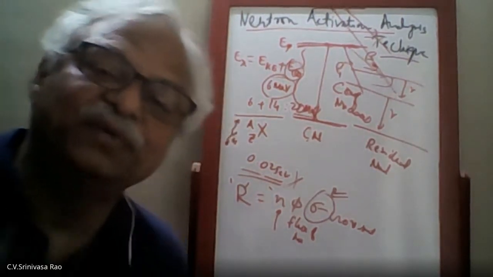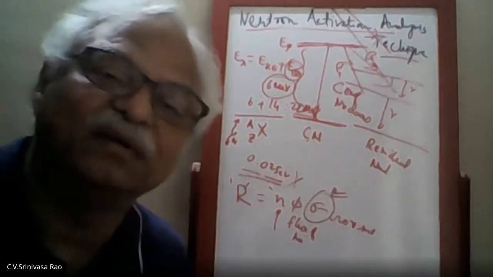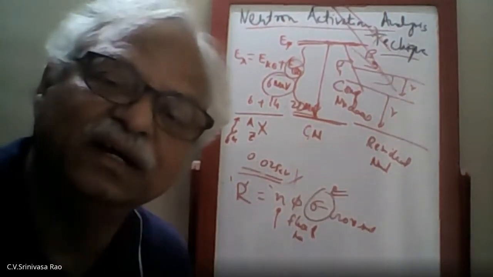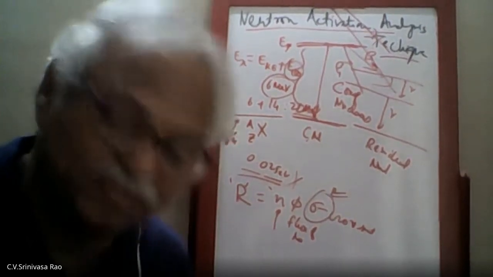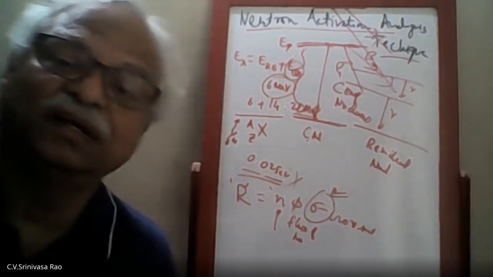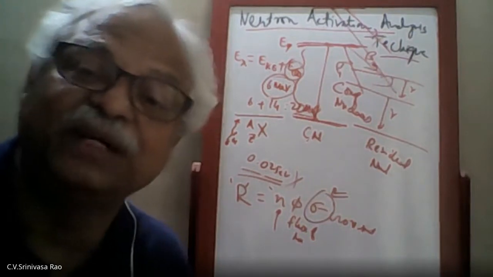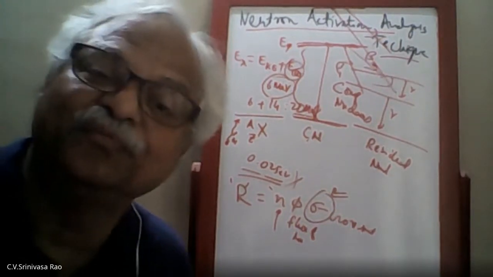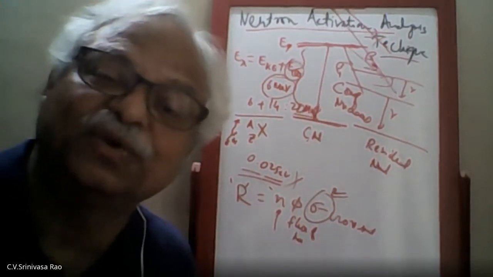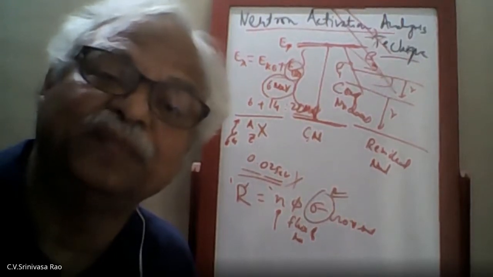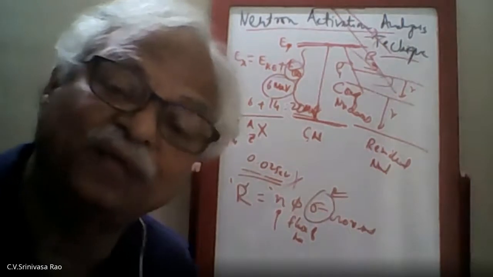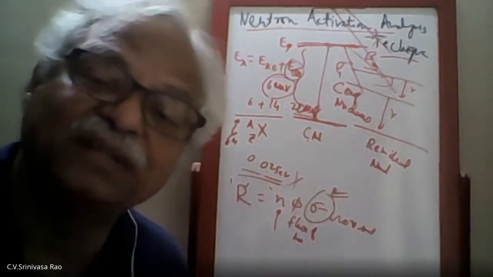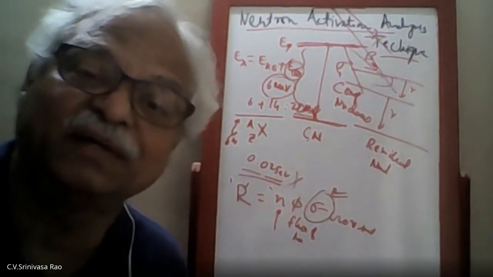I can produce them in the lab by a different method and use the same neutrons to do a lot of nuclear studies. The same thing I can extend to plasma physics also. When some neutron-bombarded material is present very close to the plasma, how does the plasma get affected? That is the study that I did in IPR.